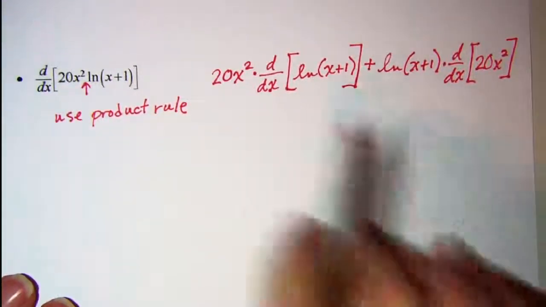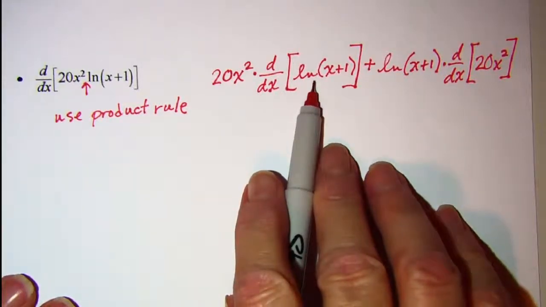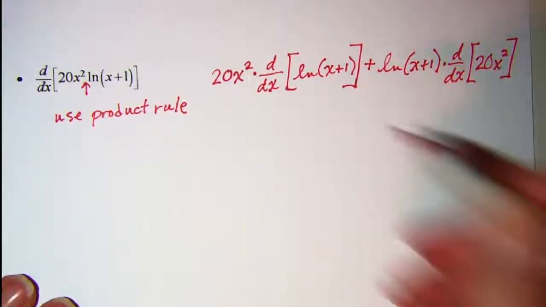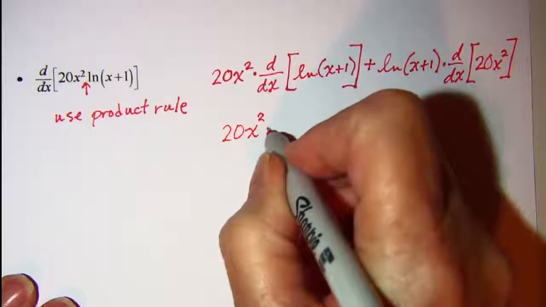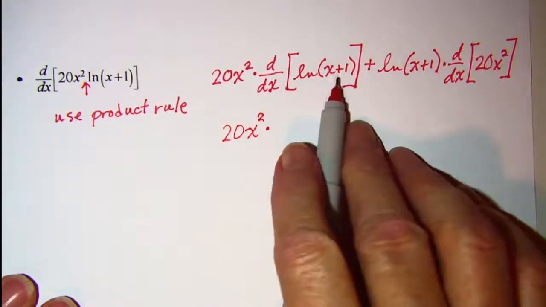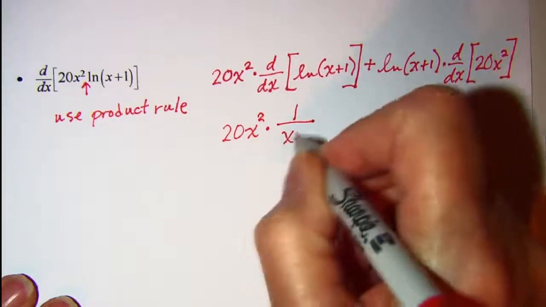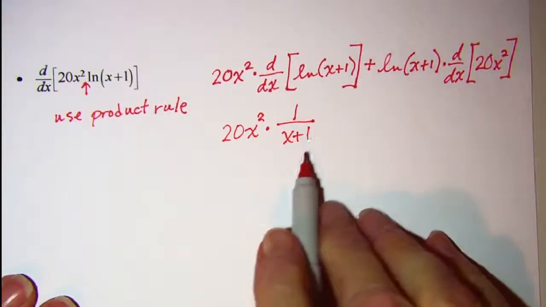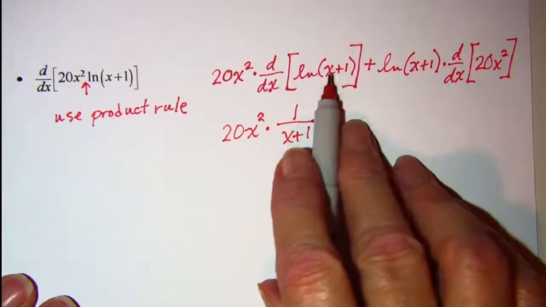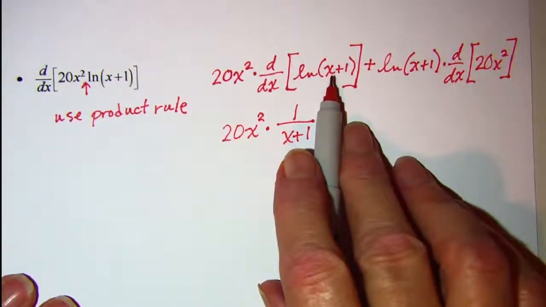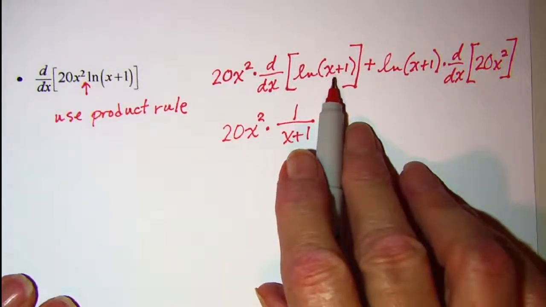Okay, the derivative of ln of some argument is, let me copy this, 1 over the argument. Now the reason that I didn't use u substitution on this is because the derivative of this argument is just 1.